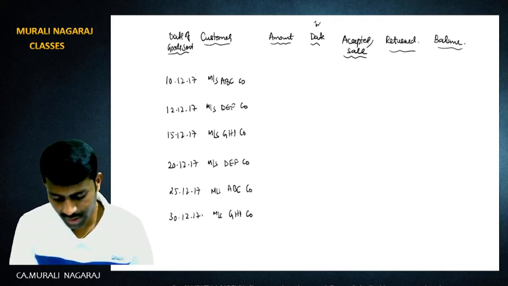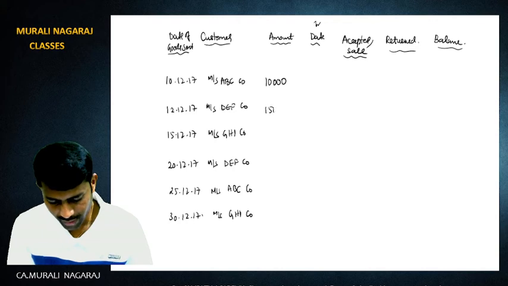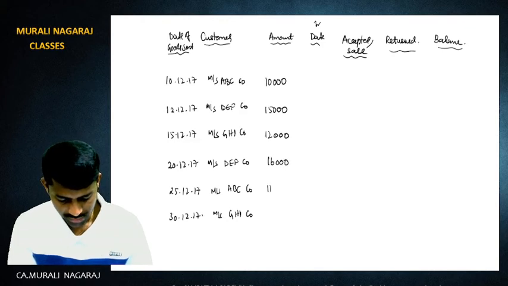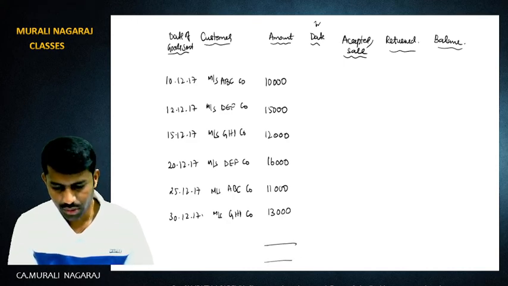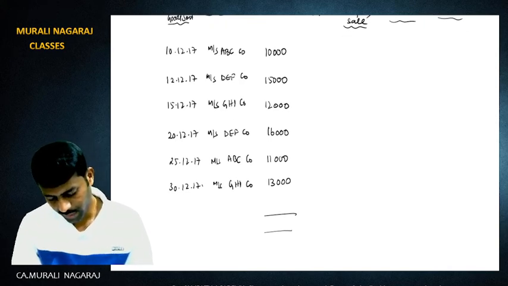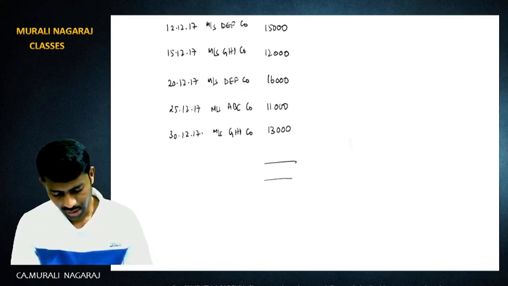Amounts are 10,000, 15,000, 12,000, 16,000, 11,000, 13,000. Leaving one line space, in total: 10, 25, 37, 53, 64, and 13 is 77,000 in total.